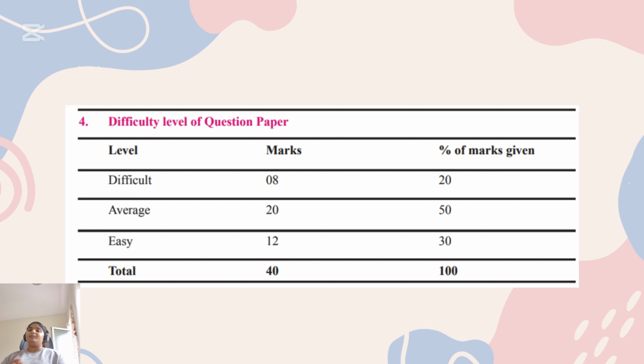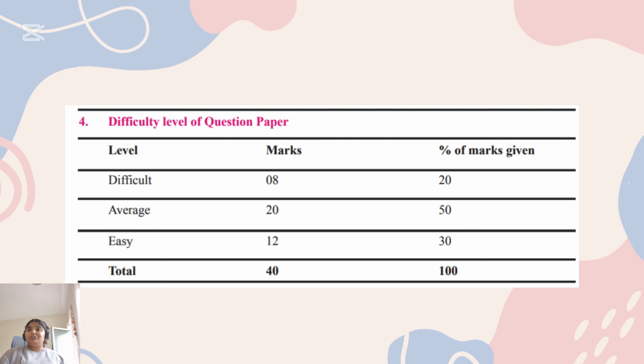Okay, so the thing about NIOS examinations is it has three difficulty levels. One will be easy, one will be average, and one will be difficult. The easy questions will have 12 marks worth, and the percentage of marks given will be 30%.